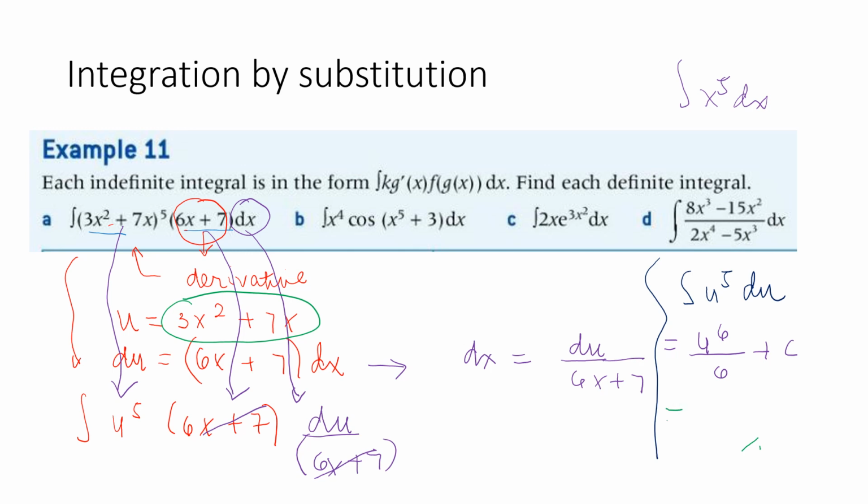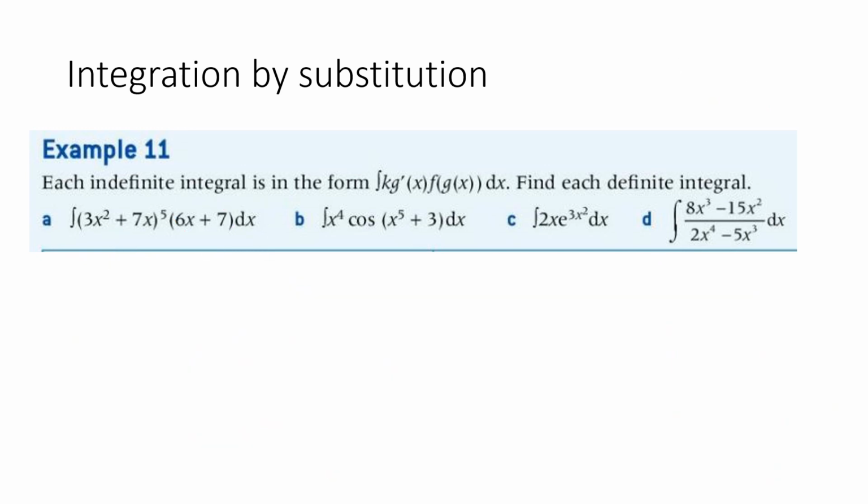So this is the same as our u, 3x squared plus 7x, raised to 6 over 6, then plus c. That's the end of it. You may replay this video so that you get used to the methods of u substitution.